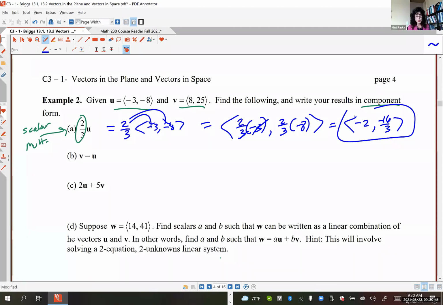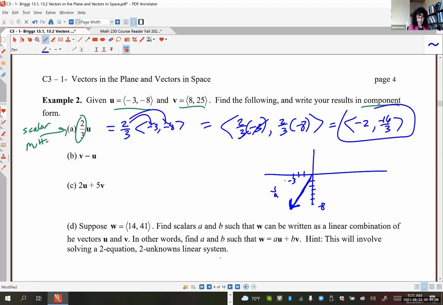Okay, that's scalar multiplication. Now visually what happened, if you were to graph the u vector, you would simply find -3 on the x-axis and -8 on the y-axis, and then find the point (-3, -8) and draw this vector in standard position. There's u.